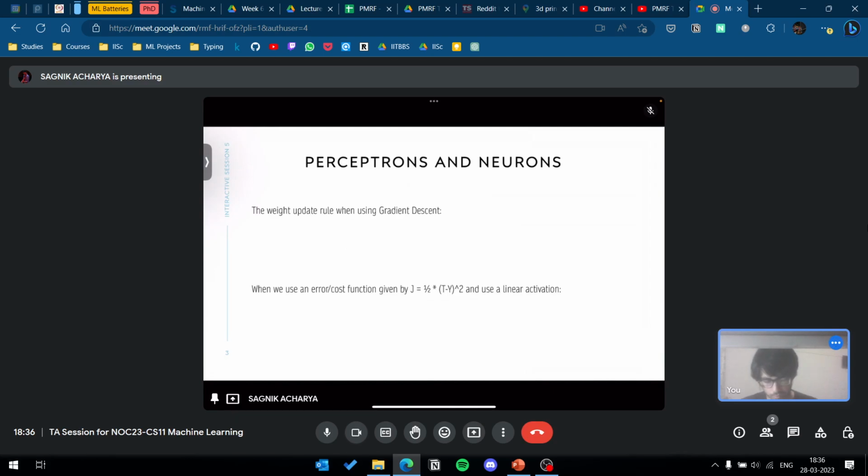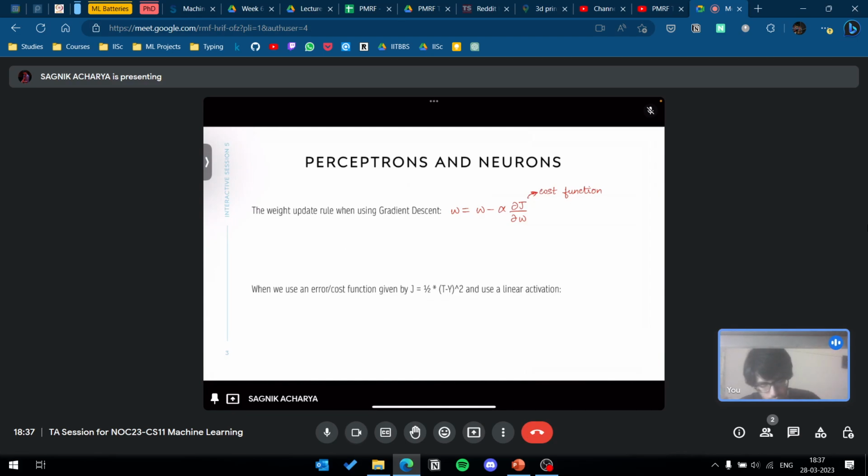During gradient descent, the weight update rule is: if I have a weight W, that gets updated as W minus alpha times del J by del W. Here J refers to the cost function, and this cost function can change from problem to problem.